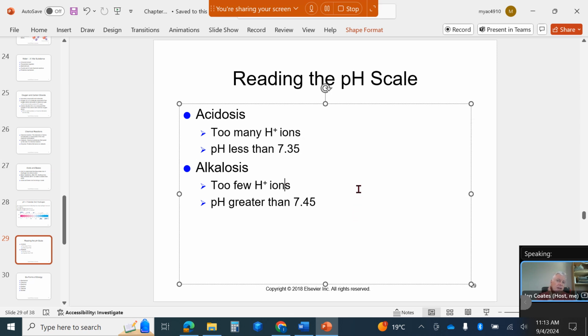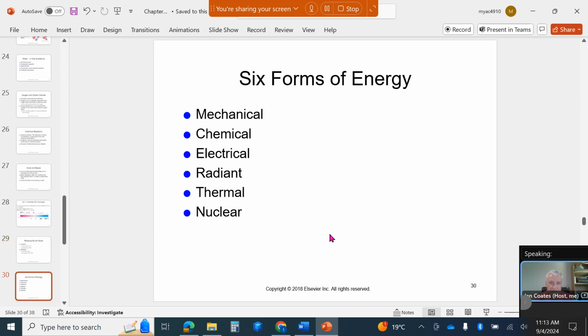Alkalosis, it's too much hydroxide, not enough acid, and this is a pH greater than 7.45. So our blood pH does not fluctuate at all, and if it does, it is very serious.